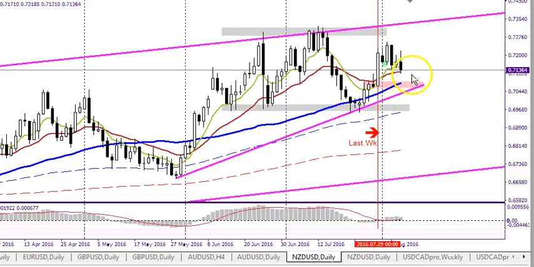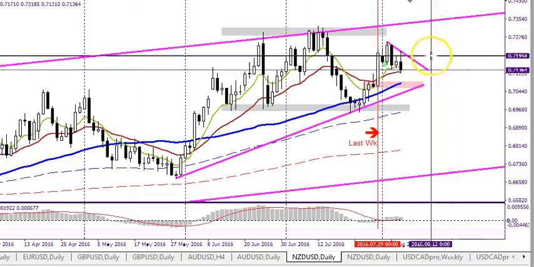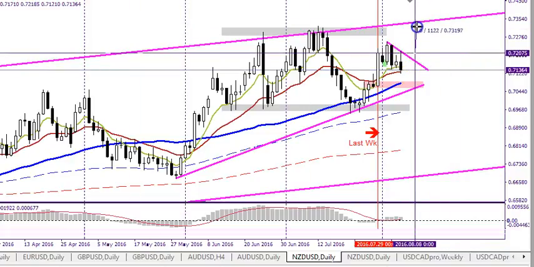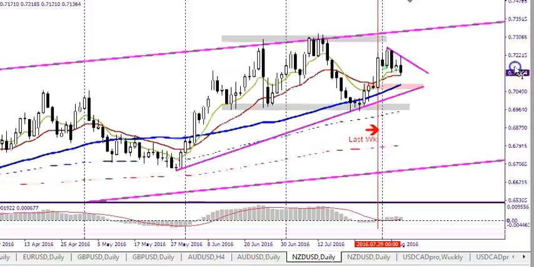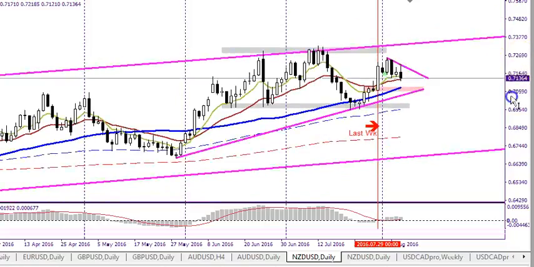However, price looks pretty good still. Price is still above the 50 simple moving average. It's above the 21, and what we're looking for again is a pullback and breakout of this trend line. Once it breaks out, we're going to come to at least a previous swing high here, which would be good for at least 100 pips. And if it breaks here, it's going to go much further.